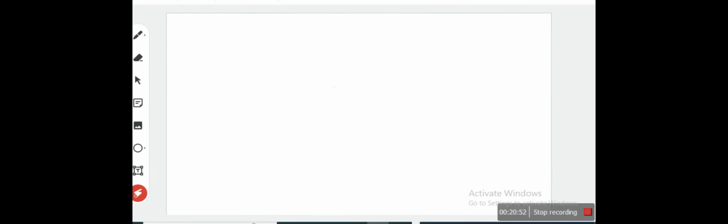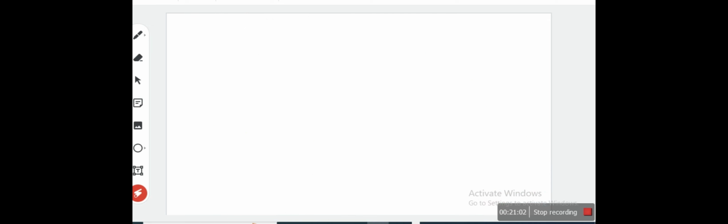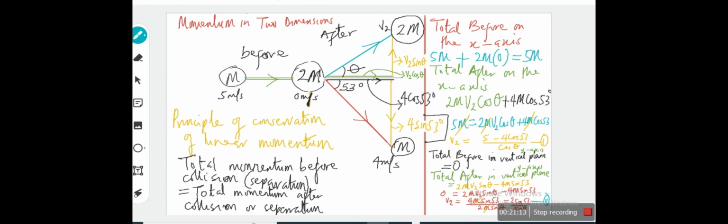Let me add this. So V2 in equation 1 is 5 minus 4 cos 53 over cos theta.